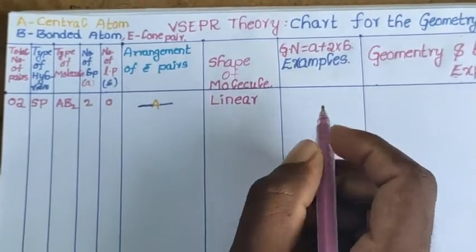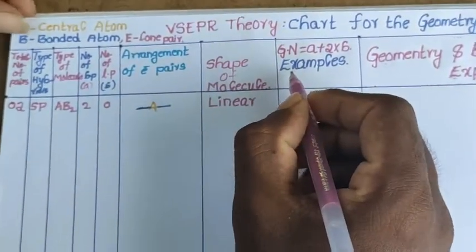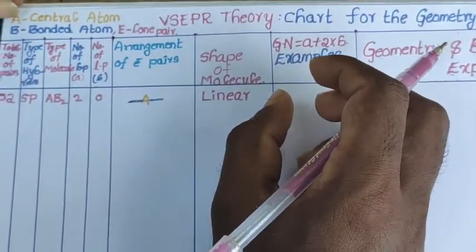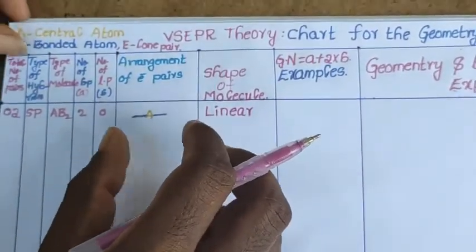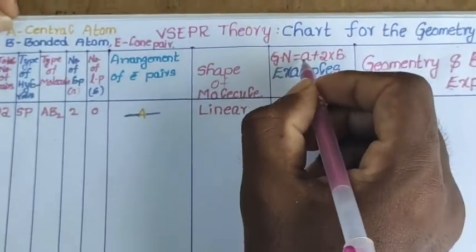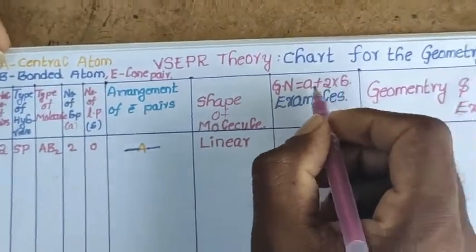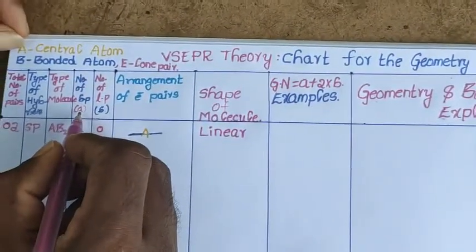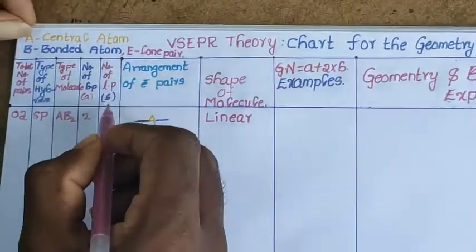Before I explain the examples, you have a simple trick to find the examples. You have one formula: A plus 2 into B. There A means number of bond pairs, B means number of lone pairs.